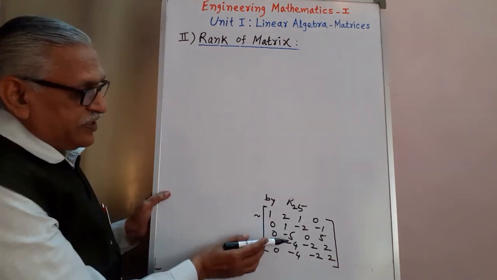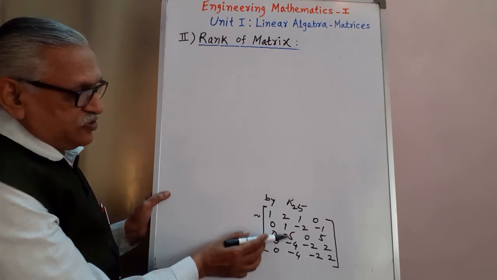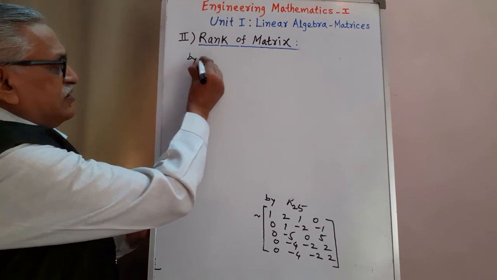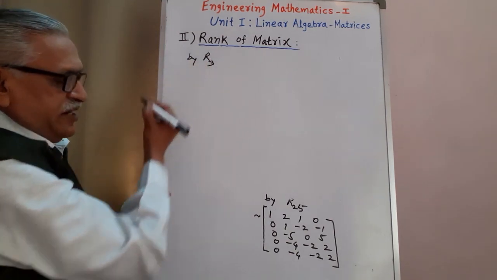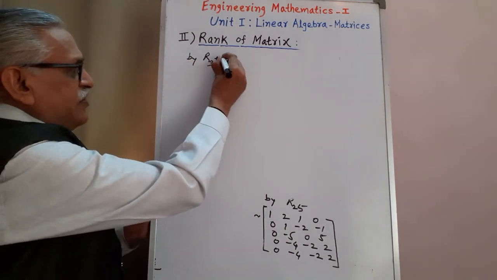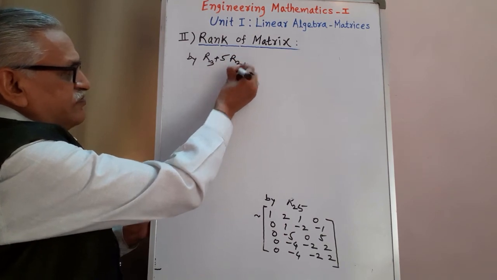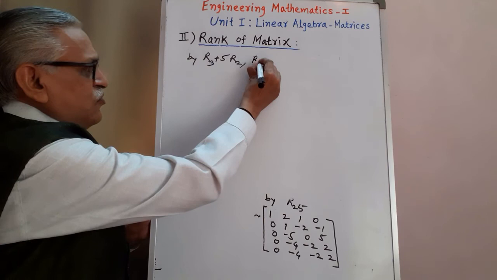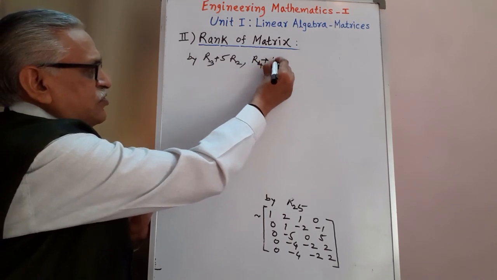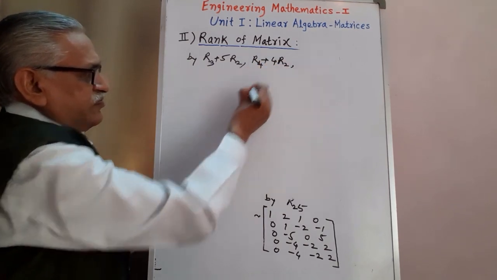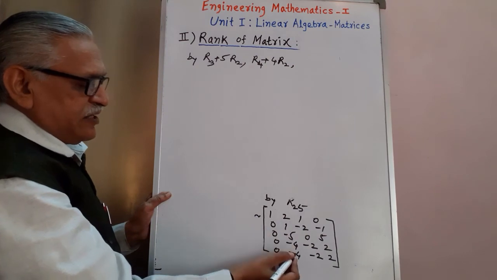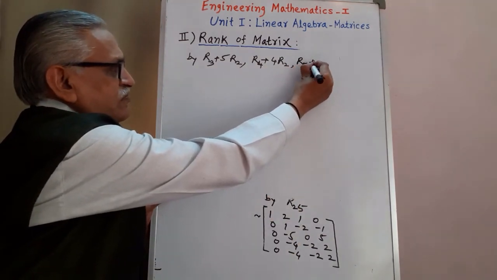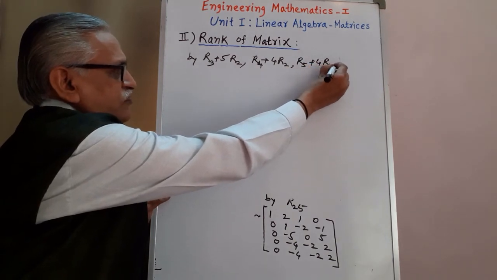Using this one, we try to convert all these three elements to 0. Minus 5 plus 5 we get 0, means it is R3 plus 5 times R2, minus 4 plus 4 is 0, therefore it is R4 plus 4 times R2, and again minus 4 plus 4 is 0, it is R5 plus 4 times R2.